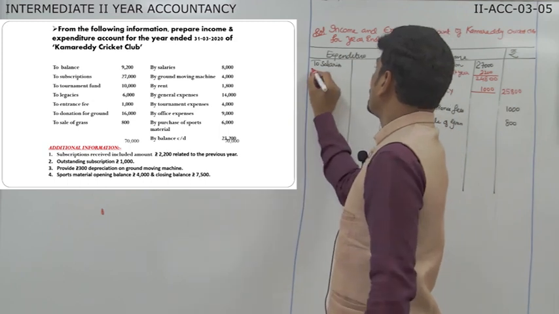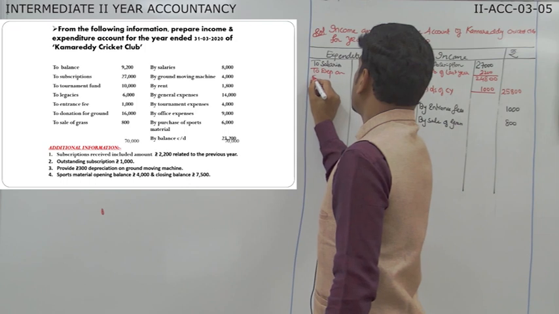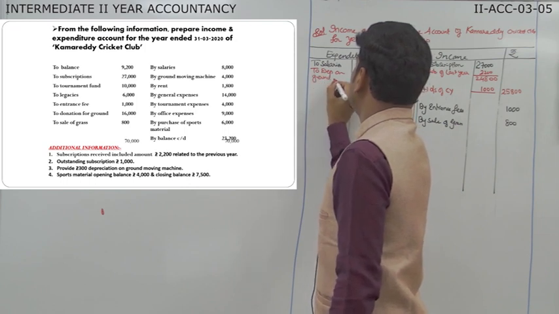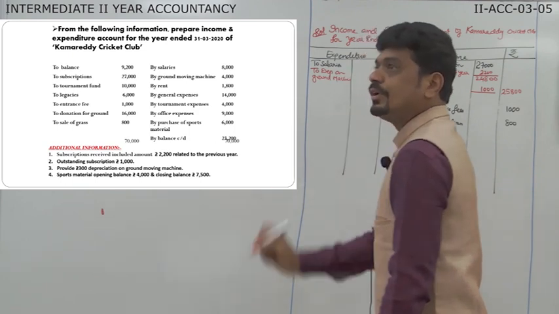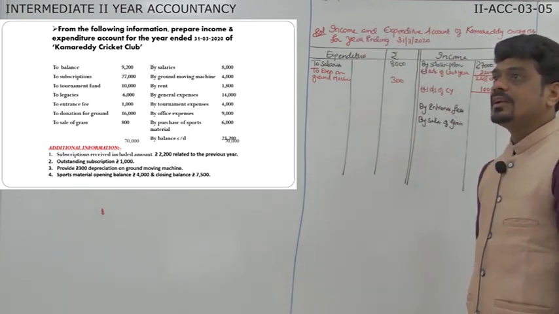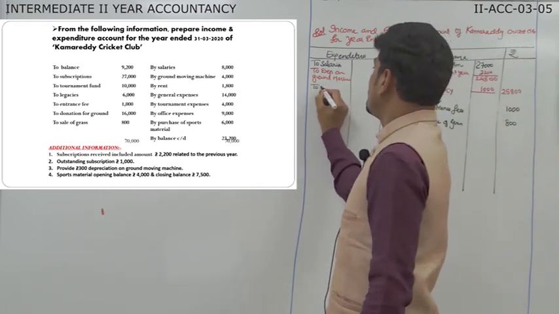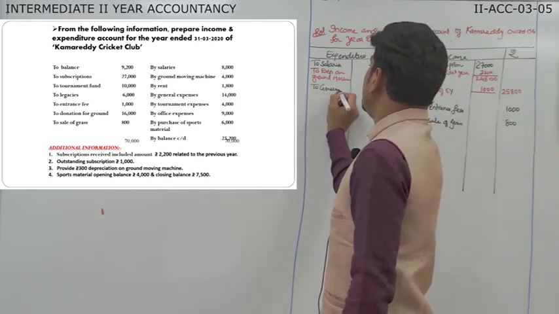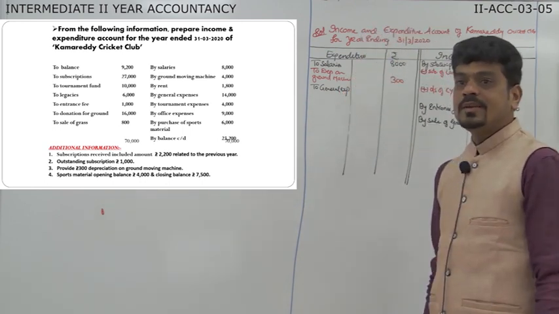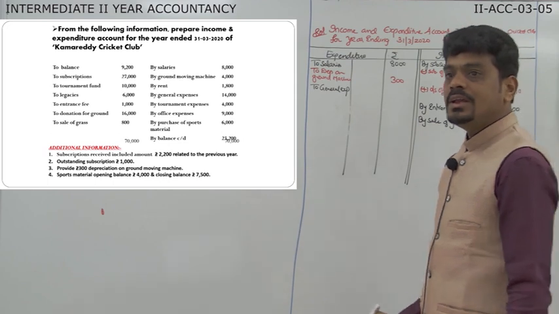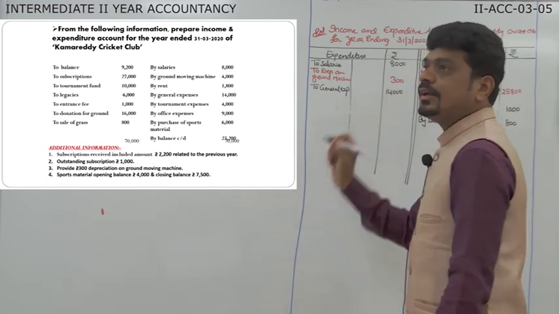So to depreciation on ground machine 300. Then they gave general expense. So as it is, to general expense. How much is general expense amount? They gave 14,000. So general expense 14,000.